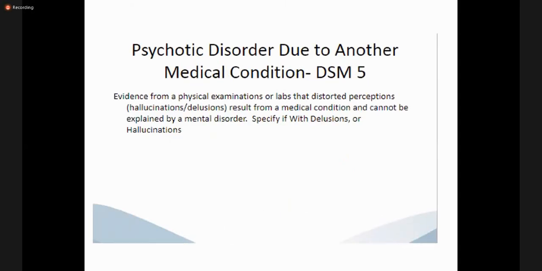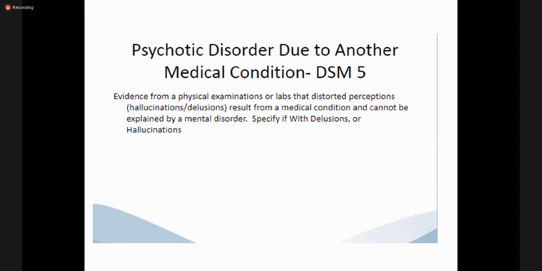And then there are psychotic disorders due to another medical condition. Some medical conditions, more often something which involves the HPA axis, the hypothalamic pituitary axis, such as hypothyroidism or hyperthyroidism.